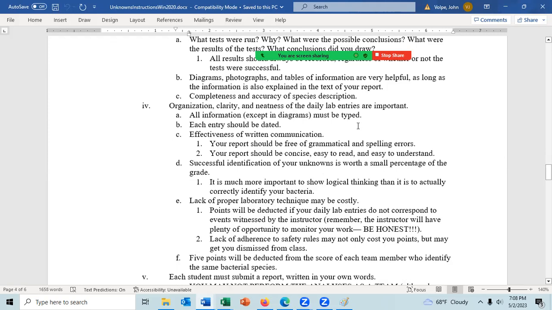All information has to be typed. If you successfully identify your unknown, it'll be worth a small percentage. I don't remember if it's 5 or 10 points. I'll look at that in a minute. It's one of those two.